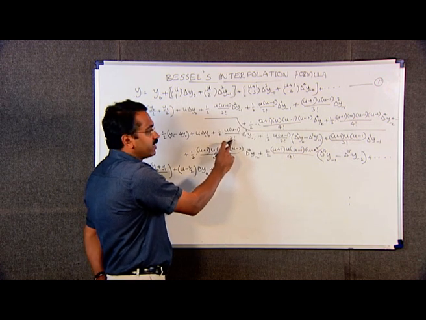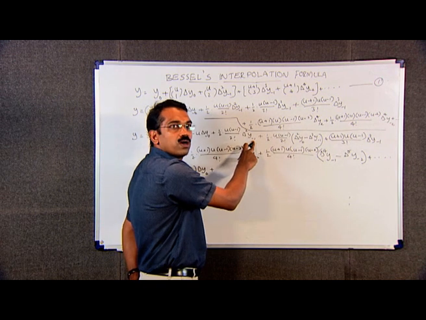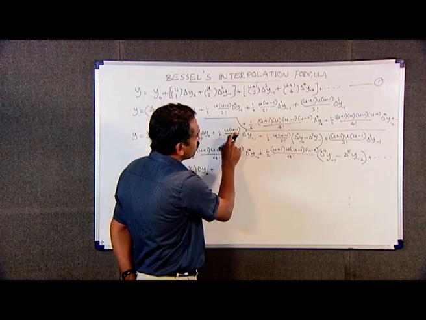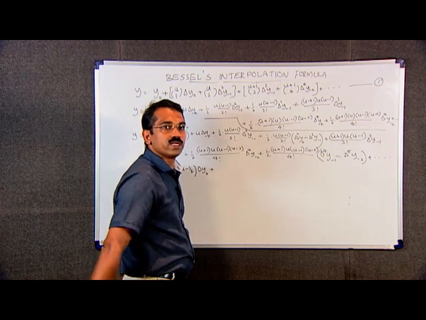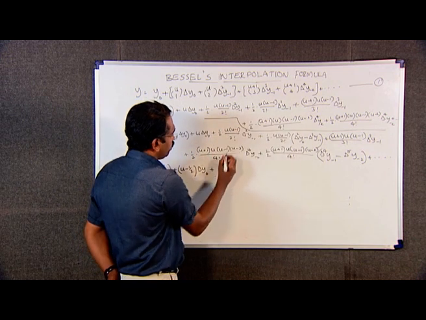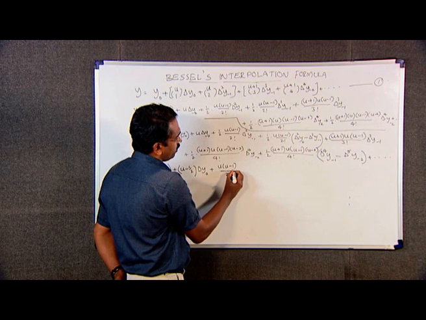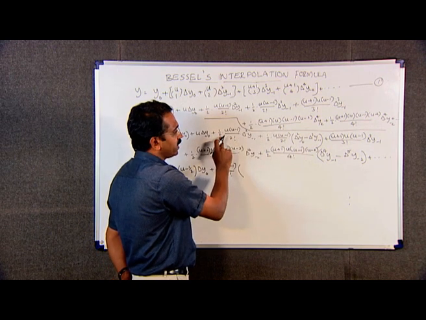from this we can write delta square y minus 1, and here u into u minus 1 divided by 2 factorial is common. We can write this as u into u minus 1 by 2 factorial into here delta square y minus 1 divided by 2.